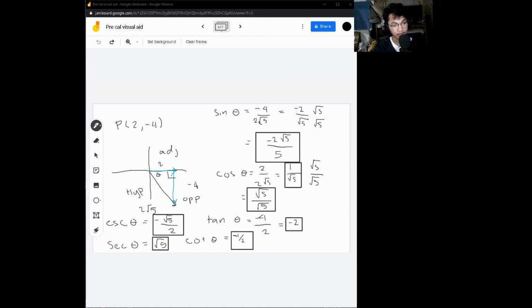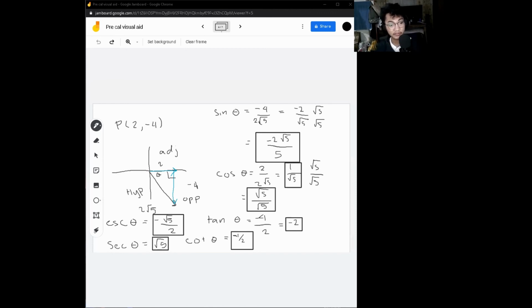Now let's find the value of cosecant. Cosecant is 1 over sine, but what you want to do is flip this portion of sine before you rationalize it. So cosecant is going to be negative square root of 5 over 2. And now for secant, we want to flip this portion before we rationalize it.